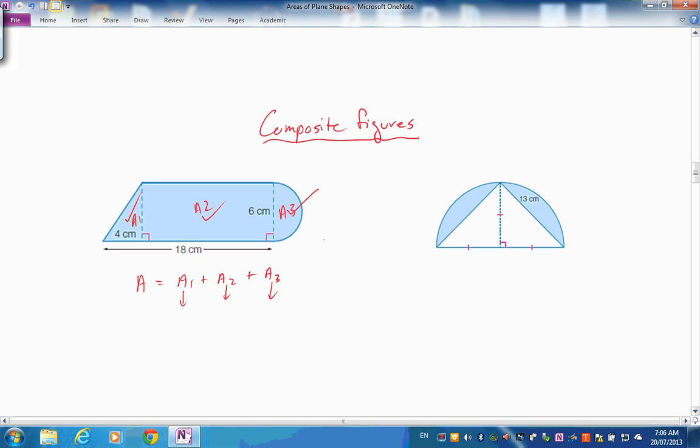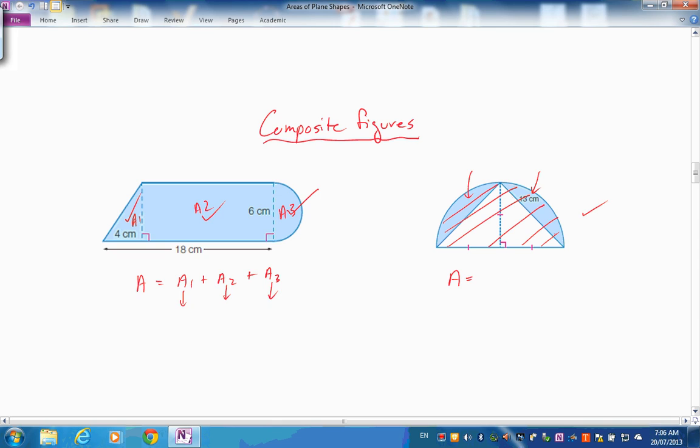Alright, what's another way of doing it? Well, this one over here is probably better done the other way. I want the shaded areas and they aren't common figures. So I'm going to say the area I want is the big area. Now, what's the big area? It's a semicircle.